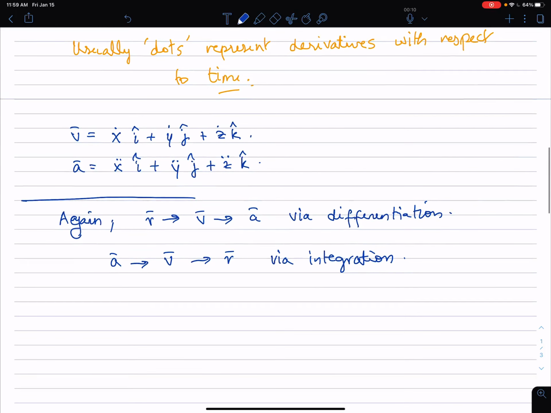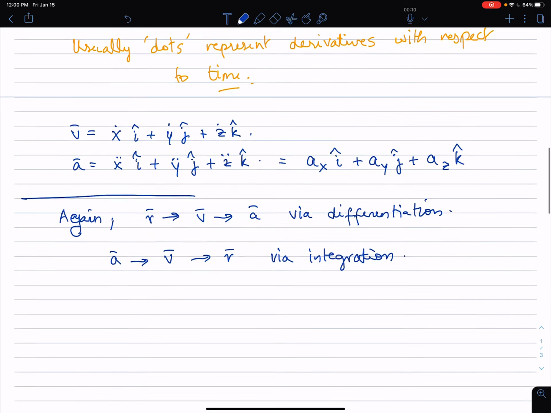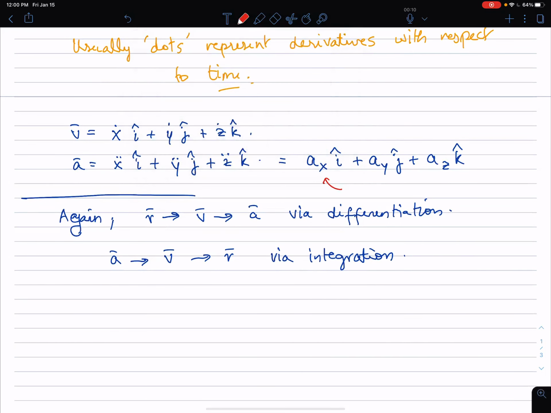Sometimes people, instead of writing x double dot, y double dot, z double dot, might use the notation a x i plus a y j plus a sub z k. So this is a subscript, just to be very clear. Similarly, we might write this as v x i plus v y j plus v z k.